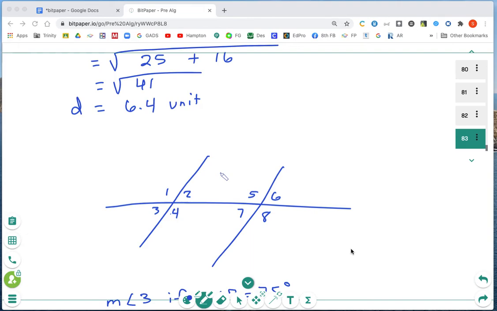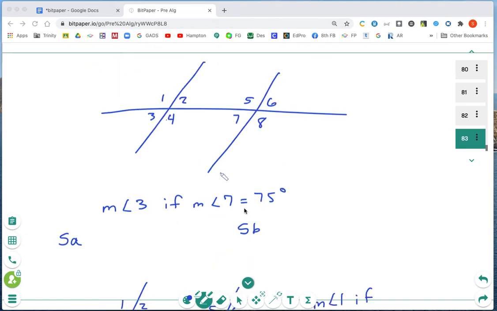Number 5. If angle 7 is 75 degrees, so we're going to go ahead and write in 75 degrees, then how many degrees is angle 3? Well, you'll notice that angle 3 is to the left of the transversal and to the left of the parallel line and below the transversal.